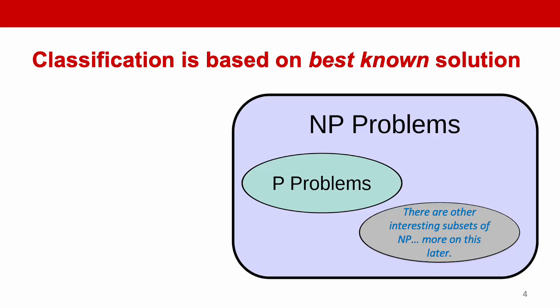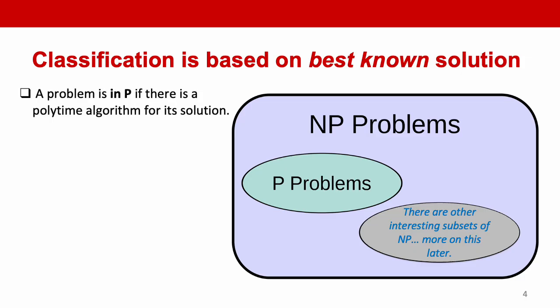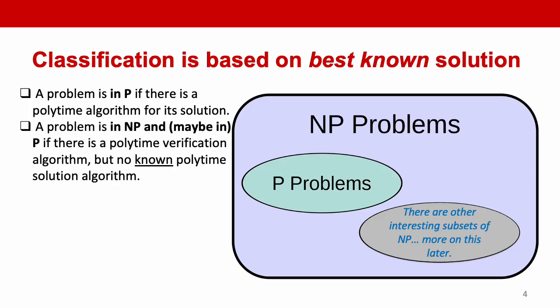So NP problems, you can kind of see here with this picture that the problems in P are a subset of NP. Now, a problem is definitely in P if we know a polytime algorithm for its solution. A problem is in NP, and maybe it's in P, if there's a polytime verification algorithm, but right now there's no known polytime solution algorithm.